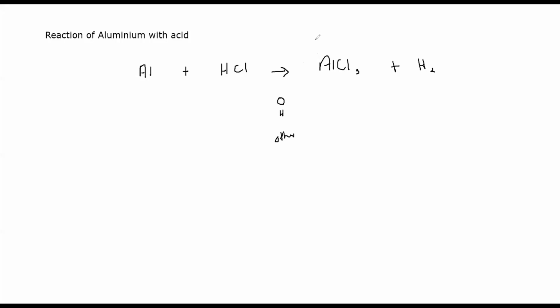What will be the balanced equation for the reaction between aluminium and hydrochloric acid? So 2, 6, 2, 3. This equation is balanced.